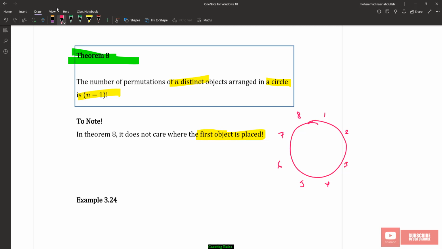So how many possible ways are there to arrange? We have 8 minus 1 factorial, which means 7 multiplied by 6, 5, 4, 3, 2 and 1. Okay, this is for circular permutation.